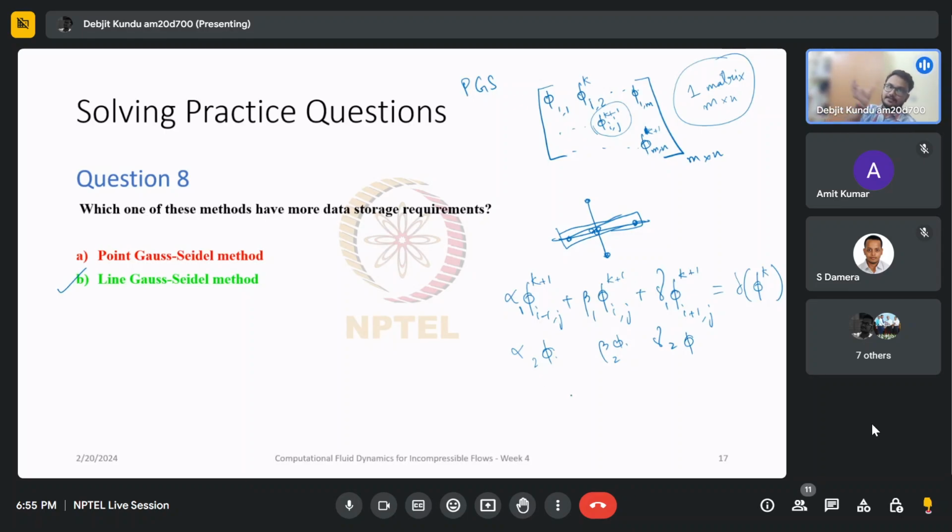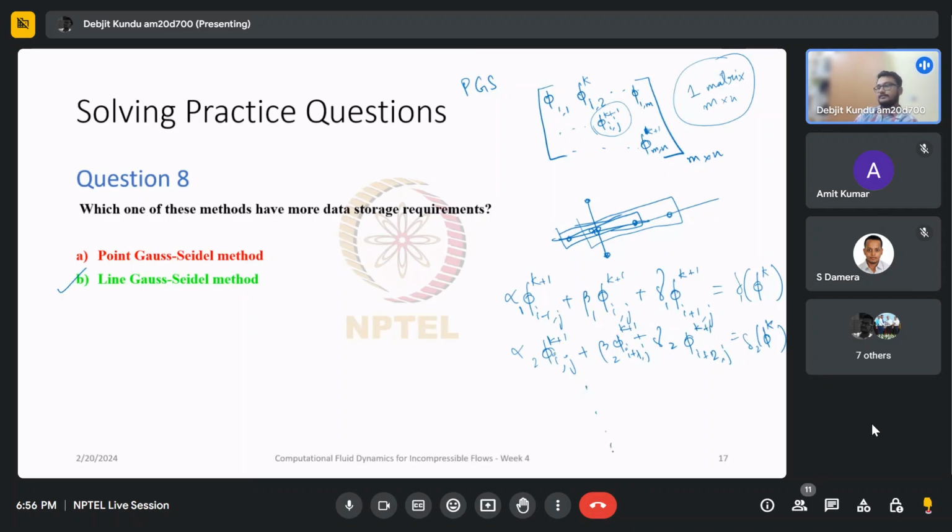Yeah, so during the X sweep, we keep on moving like this. After having used these 3 points, we will move to these 3 points. So this will now become i comma j, this will become i plus 1 comma j, and this will become i plus 2 comma j, and again some delta 2, which is again comprised of phi quantities at the kth level, and these are again at the k plus 1th level, the unknowns.